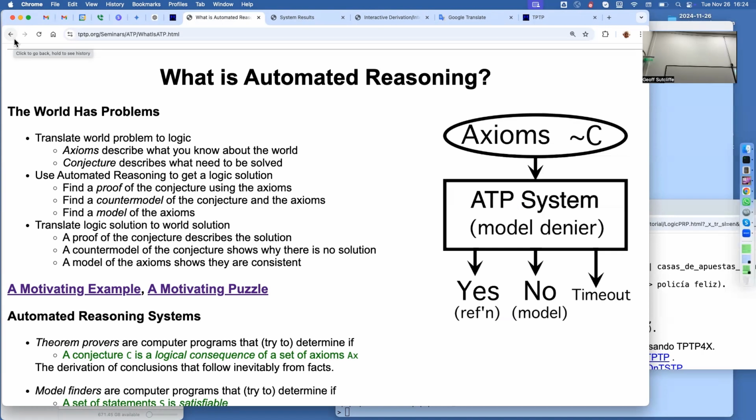Yes, CNF is a very simple first order logic. The inside of E 2.5 and many others, they convert from general first order to this very simple first order. It's like an assembly code or bytecode for them.